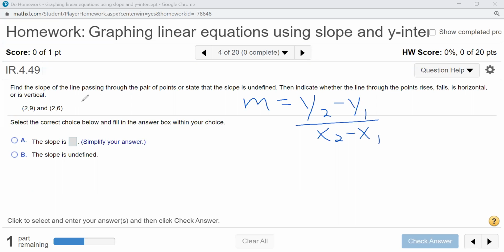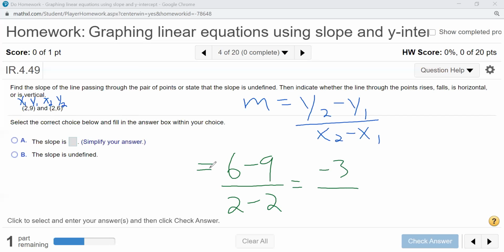Where the first point, now it's kind of hard to write small, but we'll call this x1, y1, x2, y2, so we'll do the actual calculation now. So let's see, it's y2 minus y1. It's 6 minus 9 over x2 minus x1, over 2 minus 2. 6 minus 9 is negative 3. 2 minus 2 is 0.